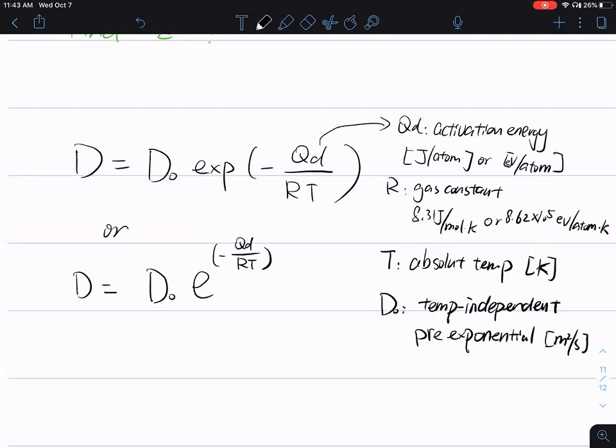D naught is a constant based on different materials, so it's a material property. Different metals will have different D naught values. So if we know the temperature and we know D naught, we can find out the new diffusion coefficient at that new temperature.